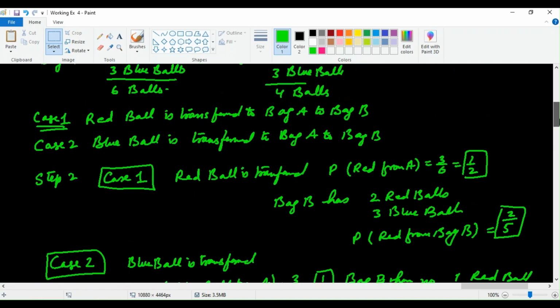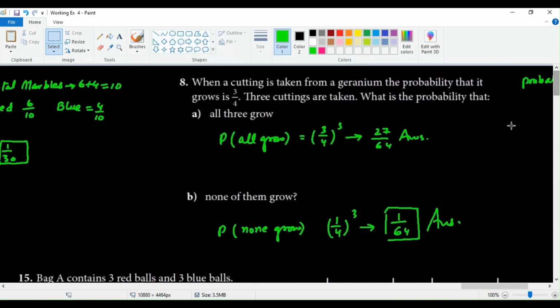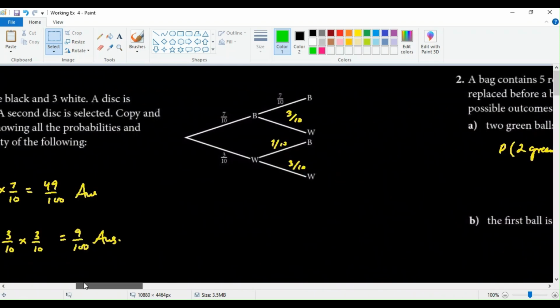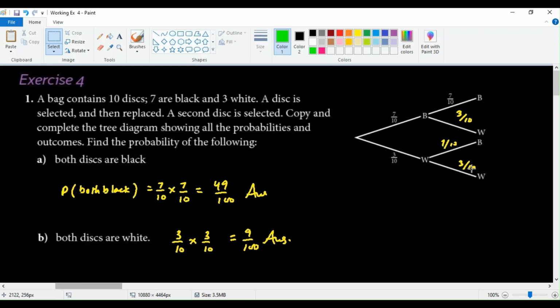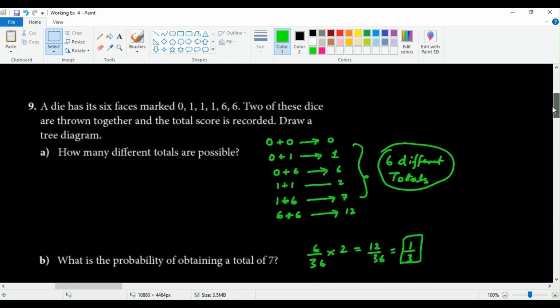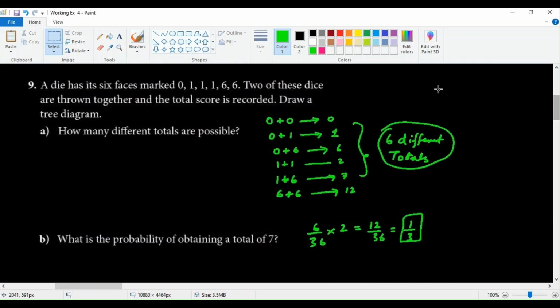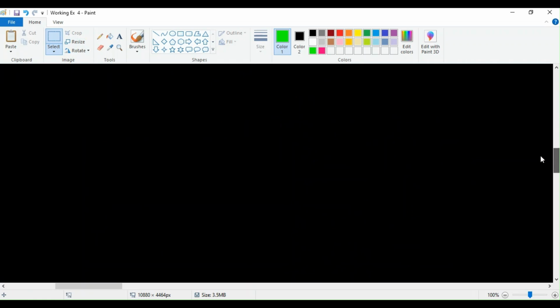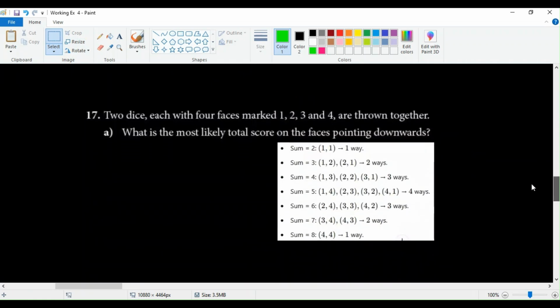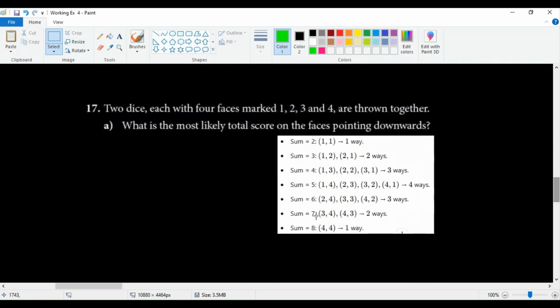Now comes question number 9, which we can find over here. Now, in question number 9, it says that 9 is already done. We are on question number 16 now.